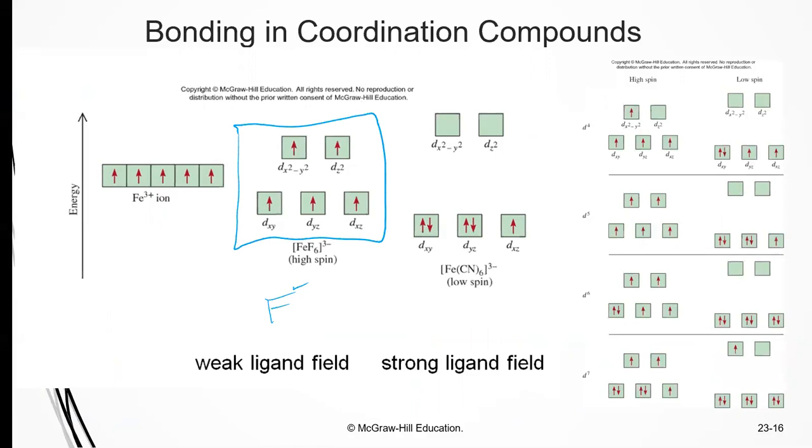And so it's going to spread out its valence electrons all throughout. When we match that with a strong field ligand like cyano, what we'll see is that instead of spreading out, they partner up, like this one here at the bottom.